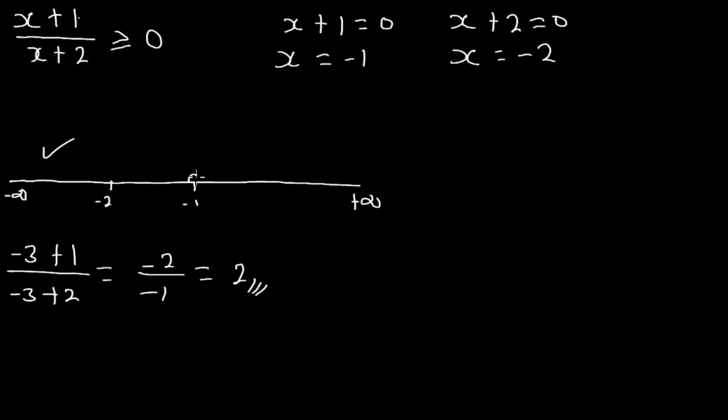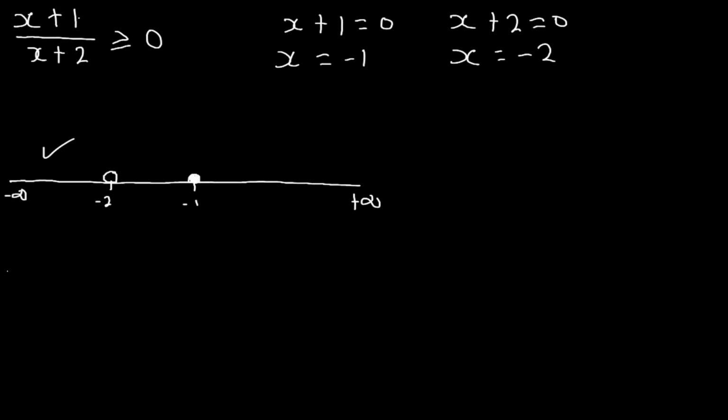So we can circle this point and shade it to show that x can be equal to minus 1, while minus 2 is left as an open circle, since x cannot be equal to minus 2. Perfect. Now let's select a point between minus 2 and minus 1, say negative 1.5.